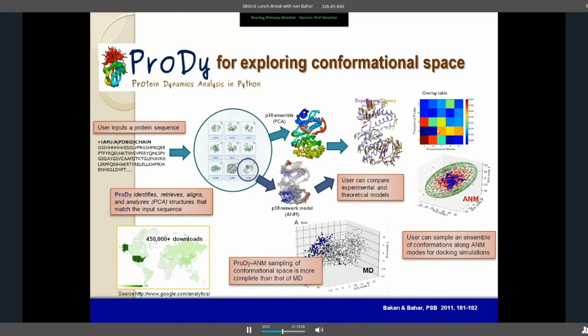MD simulations may be just sampling very local events, or can just go in one direction, be trapped around a minimum. So in the case of elastic network models, we don't have such problems. The only essential aspect of it is its simplification. We don't have full atomic resolution. We have an understanding of the overall shape of motions, okay?